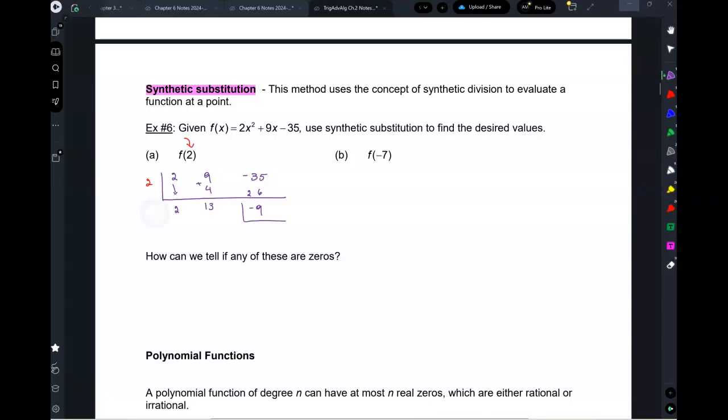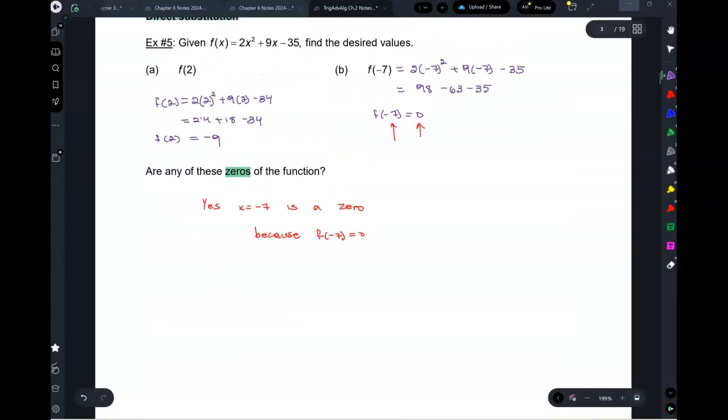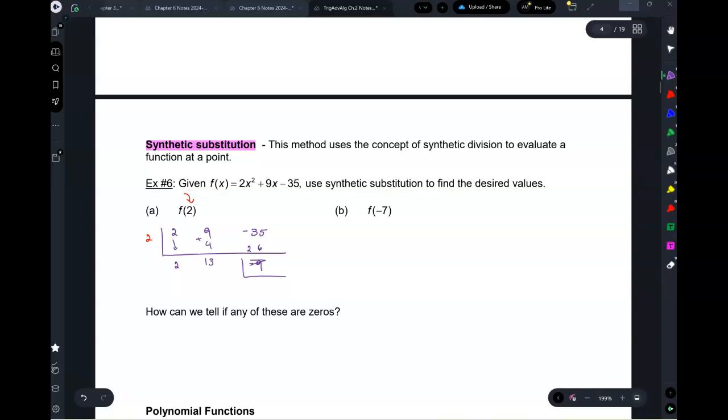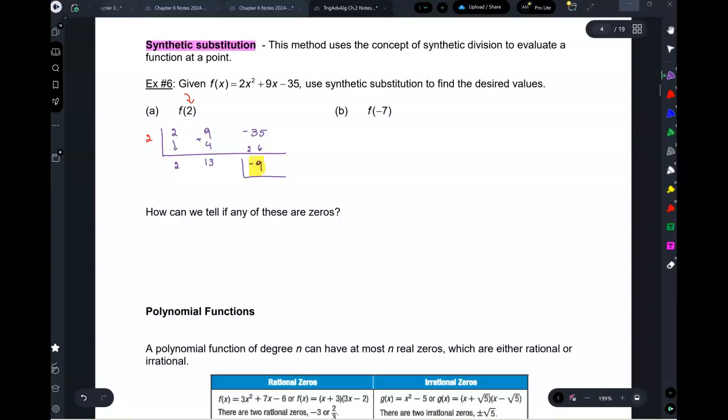That is the remainder. Okay? Oh, but wait. When I did f of 2 before, what did I get? Negative 9. Oh my gosh. This remainder must be the value that we're looking for. So I just say f of 2 is negative 9.